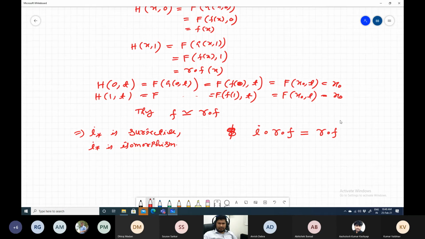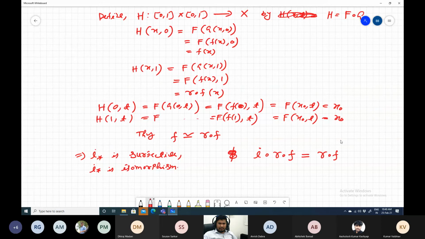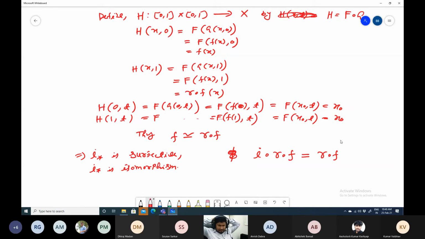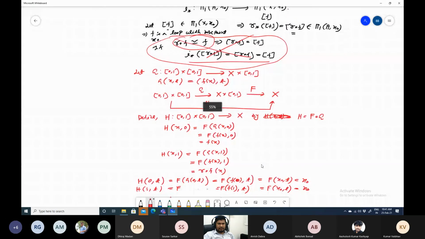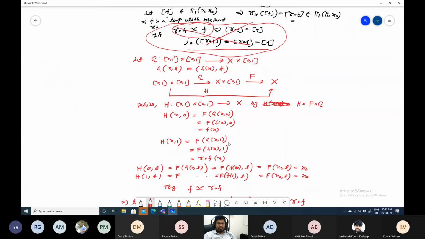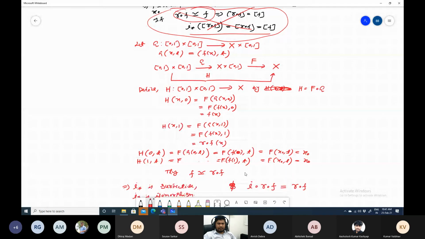Okay, so what do we get? So whenever we have any loop f in pi1 X, that will be homotopic to a path in R. Now from this, how can we say?